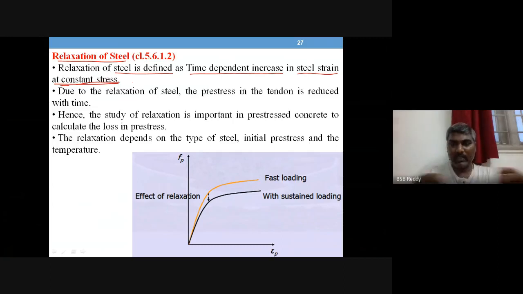So the tightness that you have made by pulling the wire will be lost over time. That is what is called relaxation of steel, relaxing.